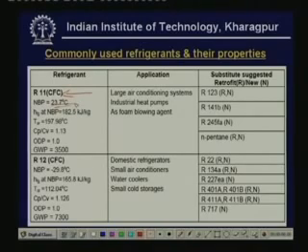Since its normal boiling point is quite high, its operating pressures will be low. That means if you want to use it for air conditioning applications, say at 7 degrees evaporator temperature, the evaporator will be operating under vacuum condition. That means the pressure will be subatmospheric. So, this is a disadvantage of R11.